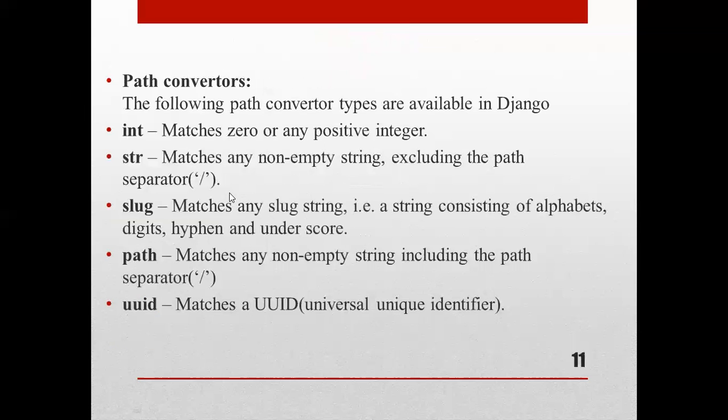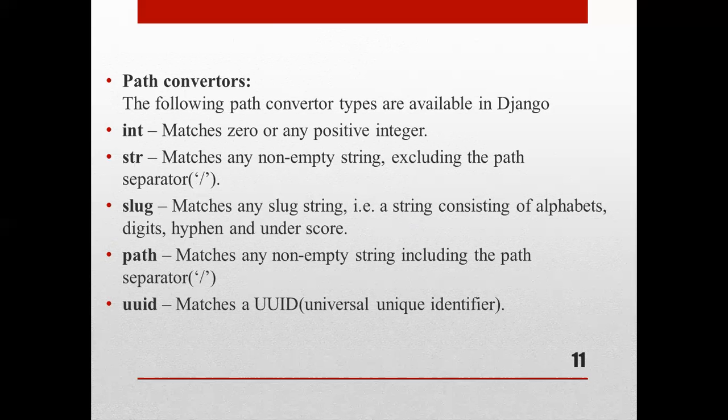These are some of the path converters available in Django. First is int, which matches zero or any positive integer. Then str, which matches any non-empty string excluding the path separator, that is the slash. Then slug, which matches any slug string, a string consisting of letters, digits, hyphen and underscore.